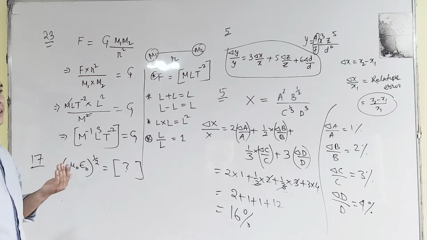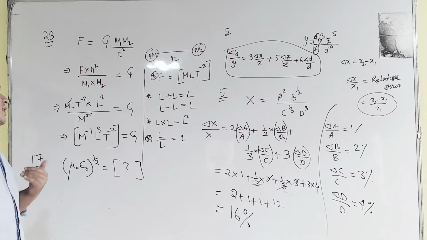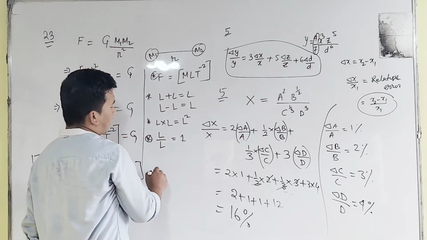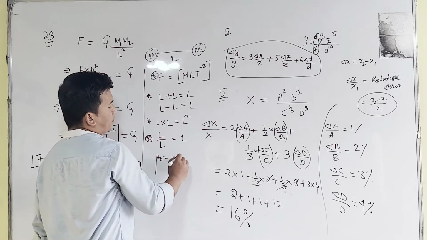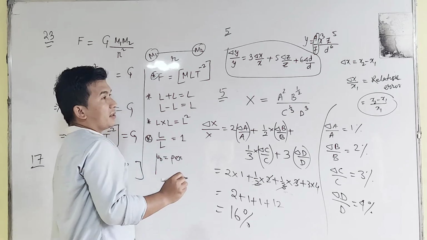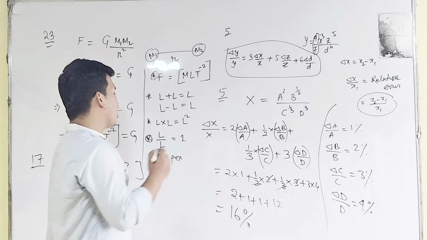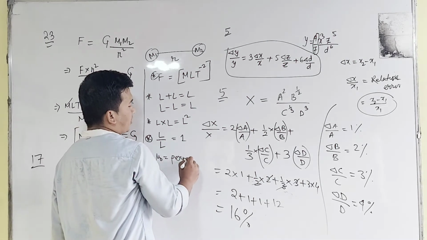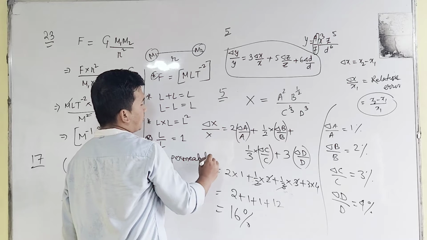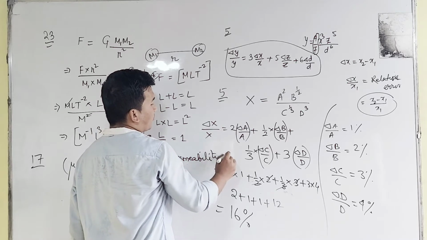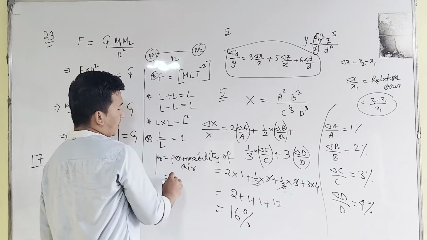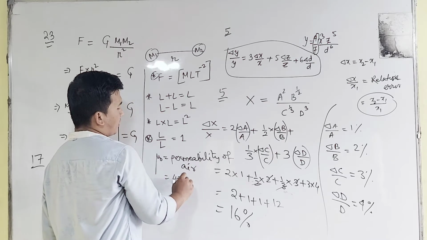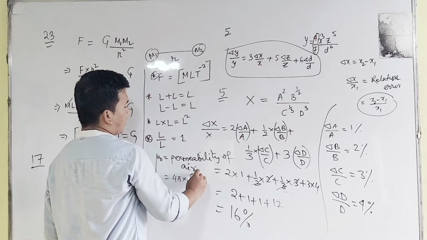This mu naught is known as the permeability of free space. Its value is 4 pi into 10 to the power minus 7.